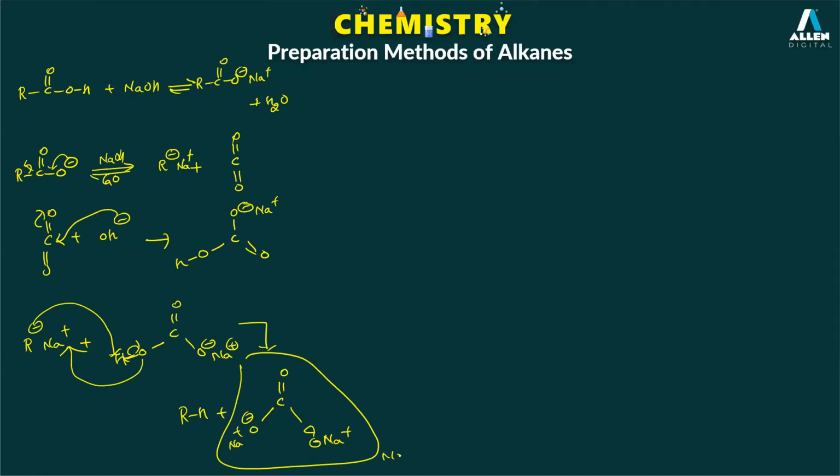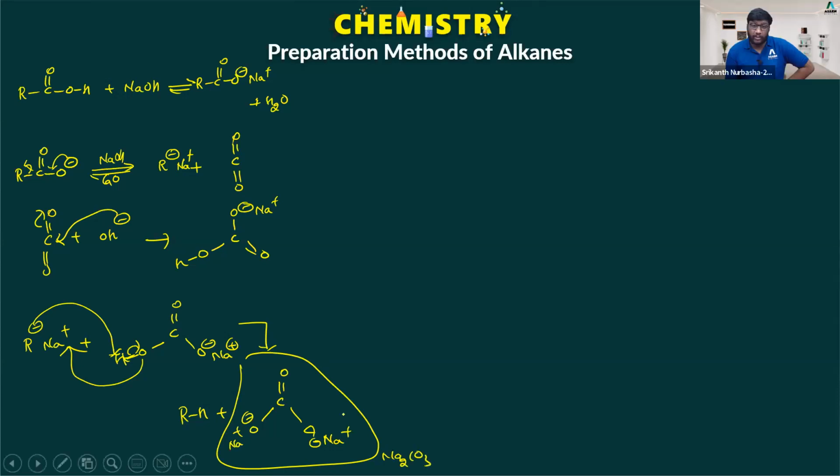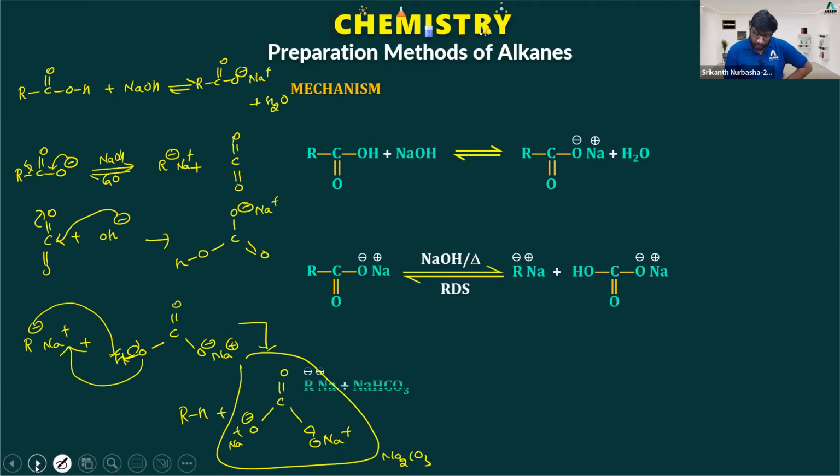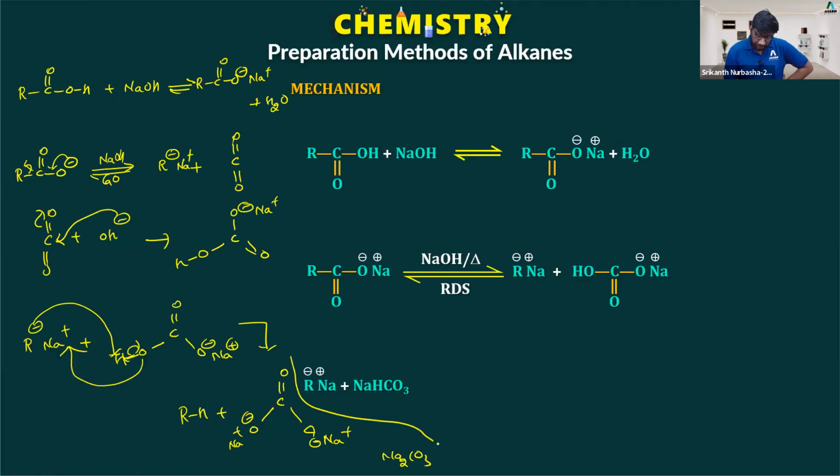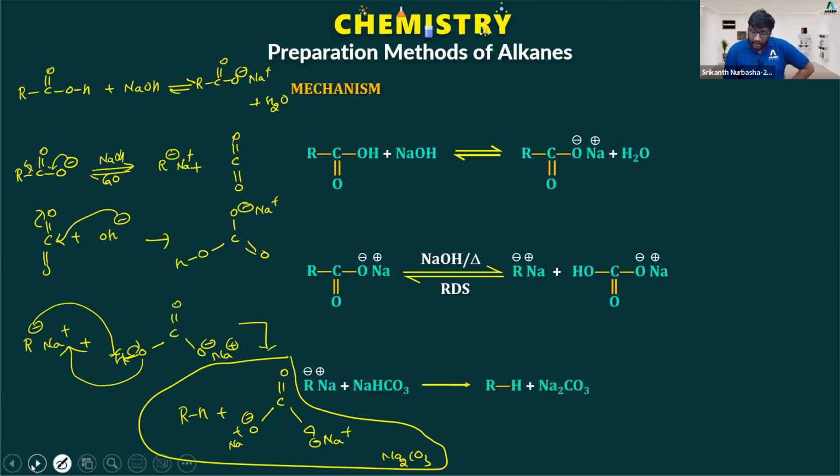Yes, nothing but Na2CO3. That is, the CO3 2 minus ion is released out. So the mechanism goes in this fashion. R minus Na plus and NaHCO3 are released as RH plus Na2CO3.